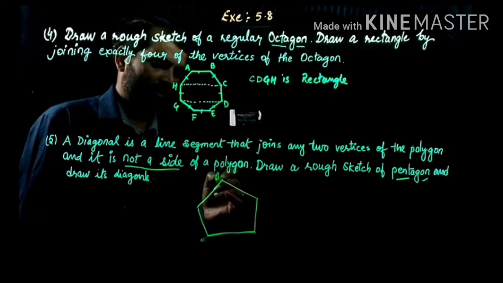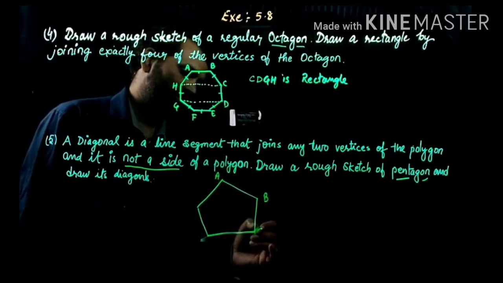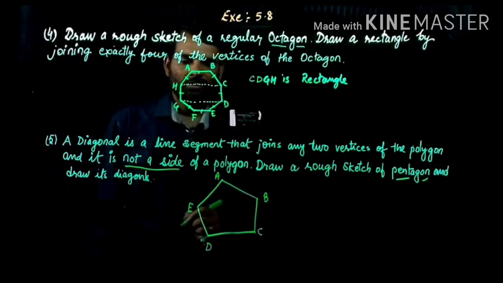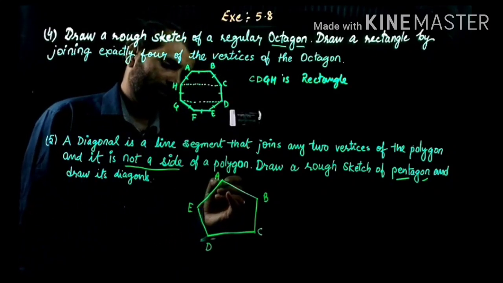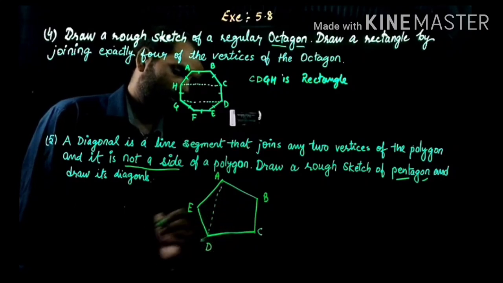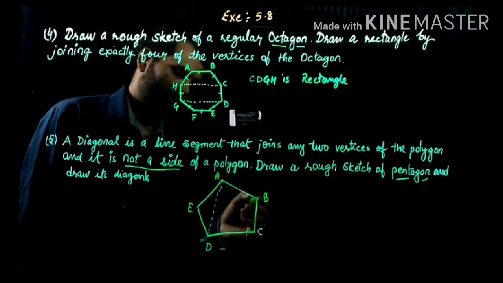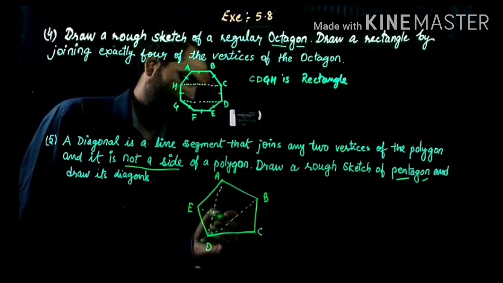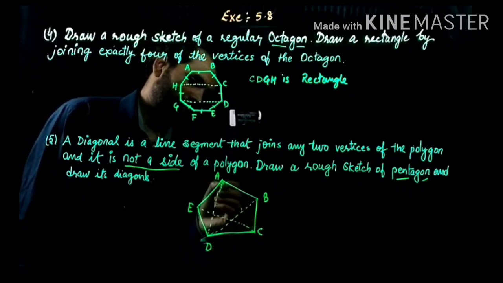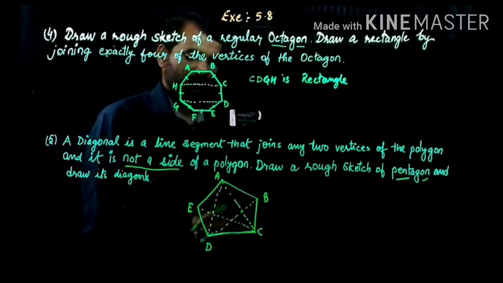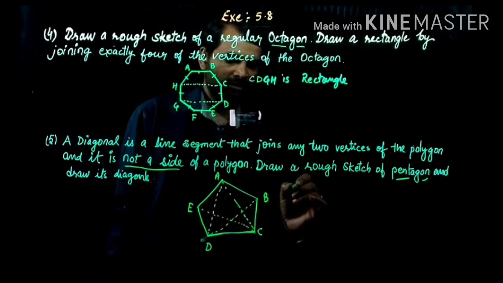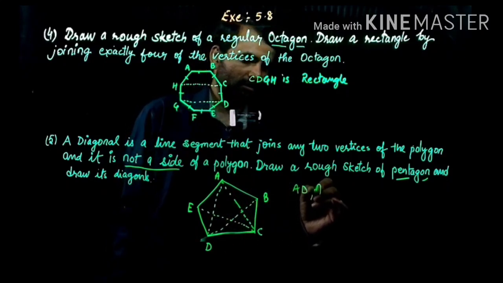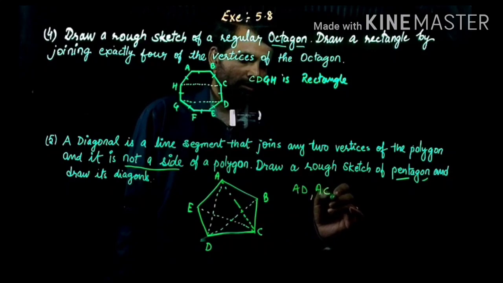The pentagon is A, B, C, D and E. And the diagonals: 1, 2, 3 and 4, so there are 4 diagonals. You write the names: first is AD, second is AC, and BD.